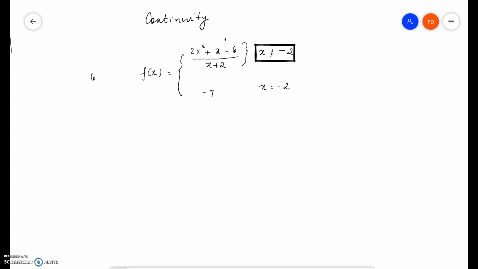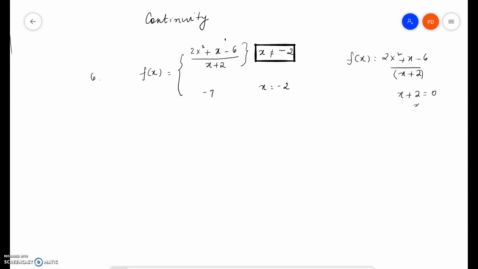Now, if we look at this piece alone, (2x squared plus x minus 6) divided by (x plus 2), this is a rational function. The only point at which this function is undefined is when the denominator is equal to 0.